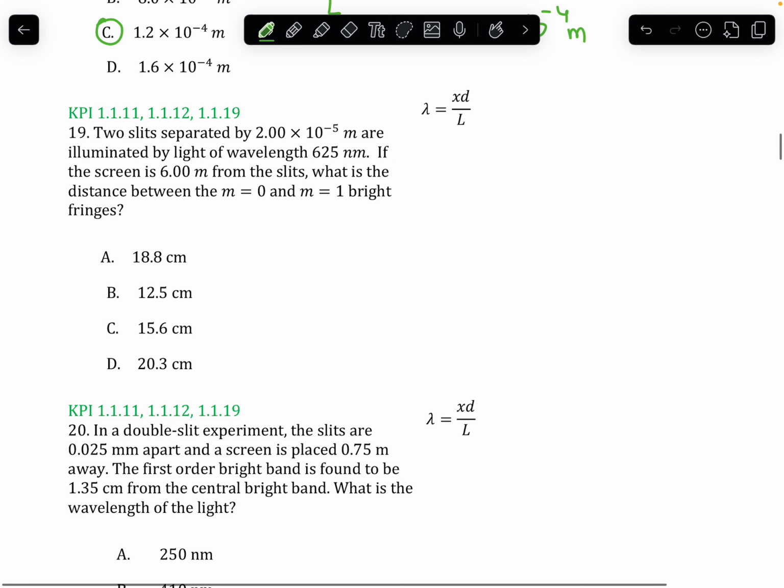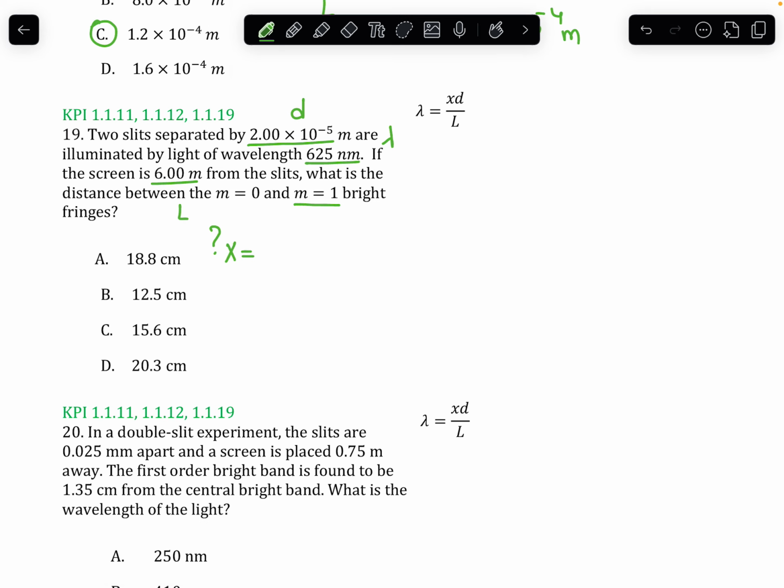Question 19. Two slits separated by, so that's D, are illuminated by light of this much wavelength. If the screen is 6 meters from the slit, that's L, what is the distance between M0 and M1? So I need to find X, as in the question.